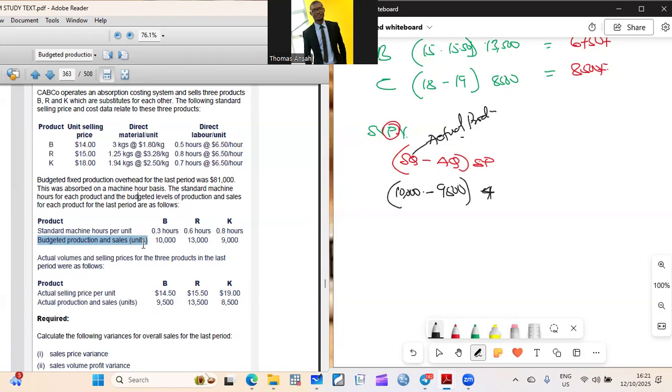All right. Somebody can say this 10,000 units is for the actual production. So you do 10,000 over 9,500 multiplied by 9,500. That is you flexing it. Then that will still bring you back to 10,000. So that is the standard quantity for actual production.